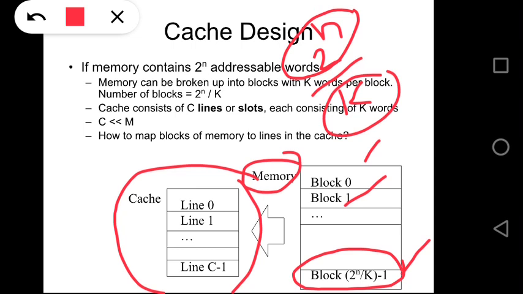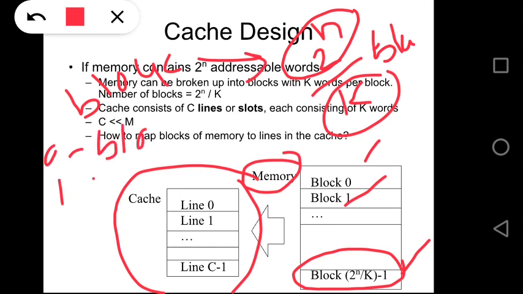How many blocks? 2 power n divided by k number of blocks I got. So if you give numbers to the blocks, total number of blocks are 2 power n divided by k. But you are giving the first block as block 0, then block 1, like that, up to 2 power n divided by k minus 1 block.